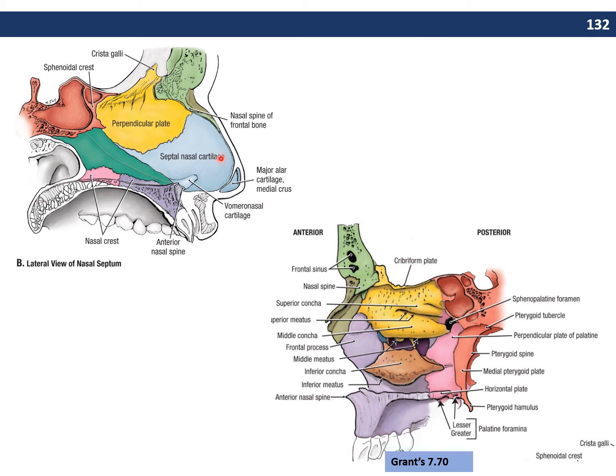On the nasal septum, you still see participation by the sphenoid bone and the ethmoid bone. In addition, you also see the vomer here, the maxilla, and the palatine bone here. The nasal septal cartilage is here.